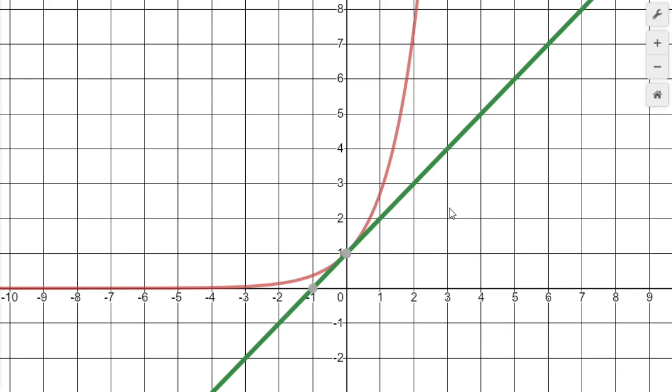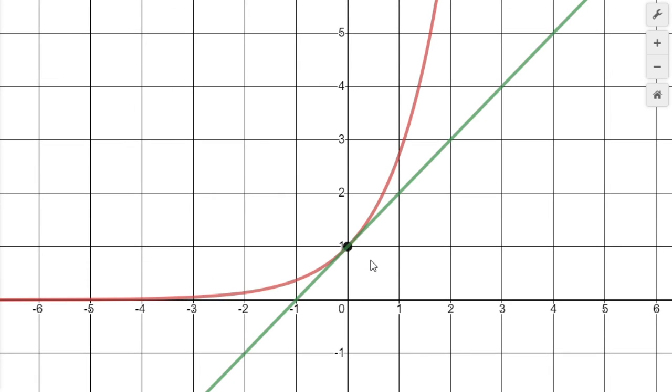So in green, this is our tangent line right here, at the tangent point 0, 1, which our math work gave us. And now we're looking at that tangent line in green being slope 1 and going through the y-intercept. And of course, the y-intercept here is the same point where the tangent point is.